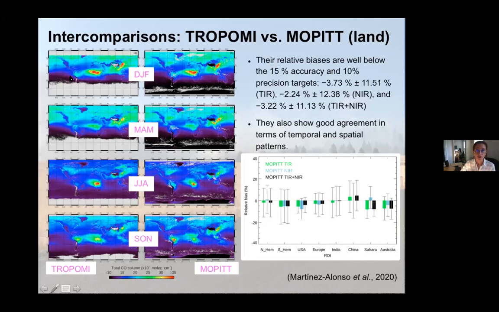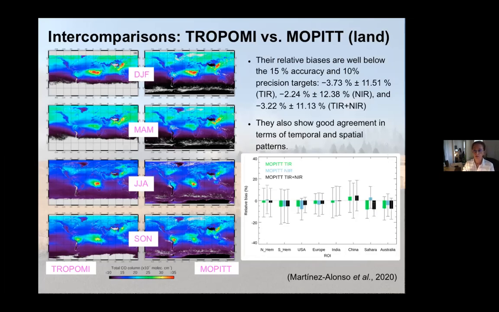So on the left column, you have TROPOMI results for different seasons, and then on the right column, you have the MOPITT equivalent maps. And in a more quantitative comparison here on this panel on the lower right, we did this quantitative comparison for different regions of interest, and we compare TROPOMI to the three MOPITT products, that is to the thermal, near-infrared, and multispectral products.